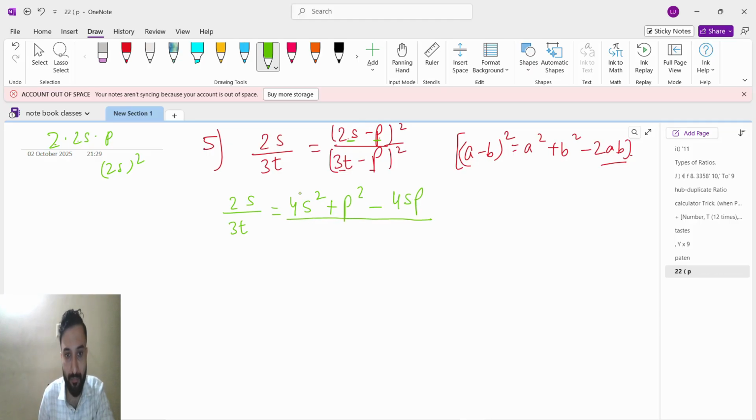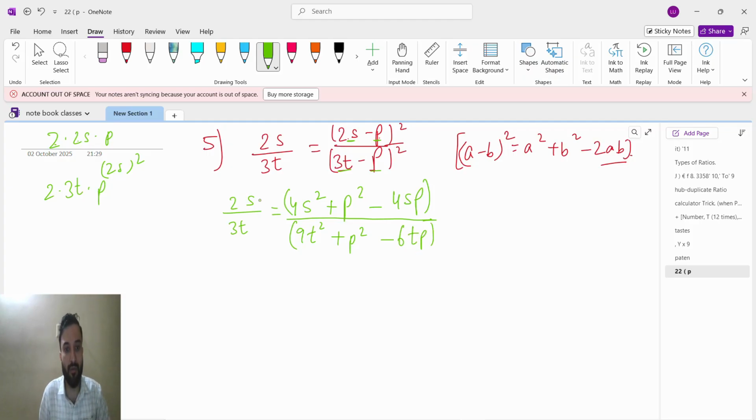Divided by, now again we do (a minus b) whole square: a square is (3t) whole square, 3 square is 9, so 9t square, plus b square, b is p, so p square, minus 2ab. 2ab means 2 into 3t into p, so 2 times 3 is 6, 6tp.